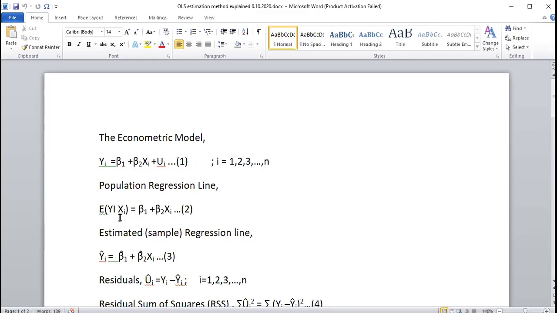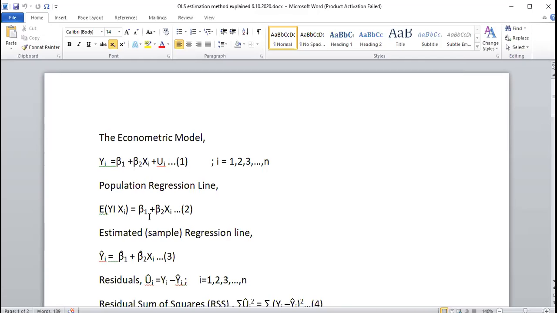And we know that the relationship is basically between the expected value of y and x. It's a straight line relationship. The intercept is beta 1 and the slope of that straight line is beta 2.